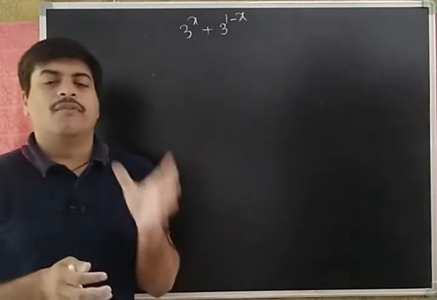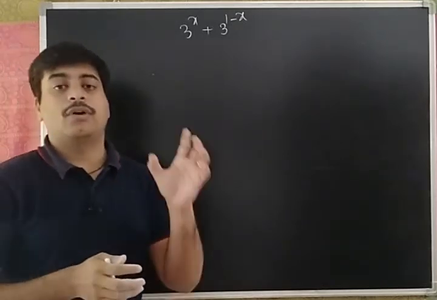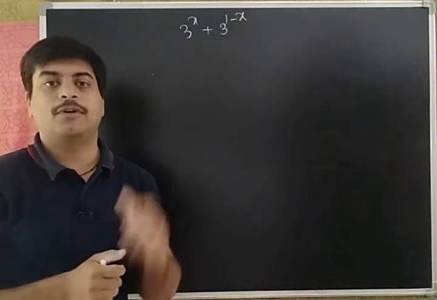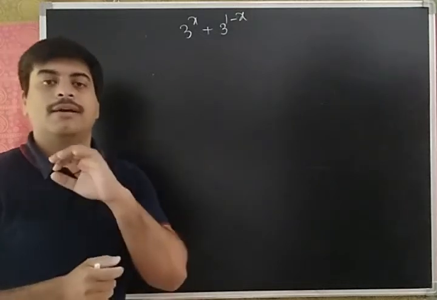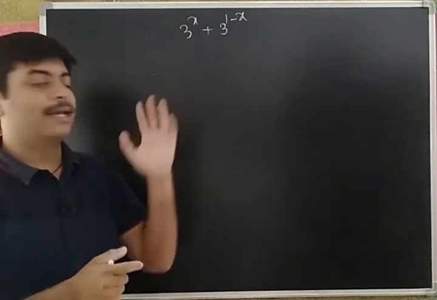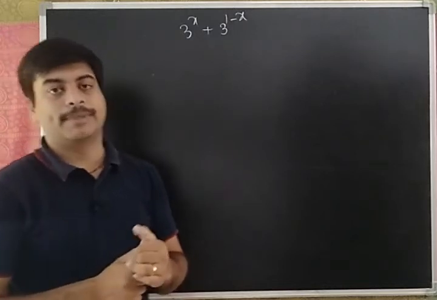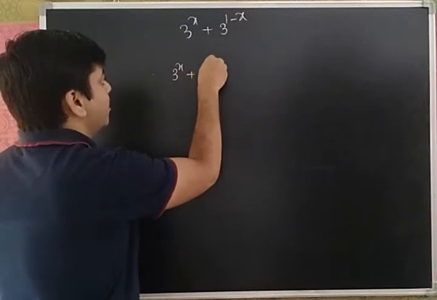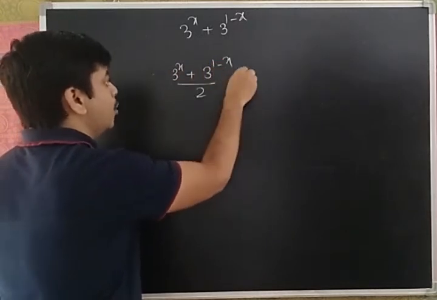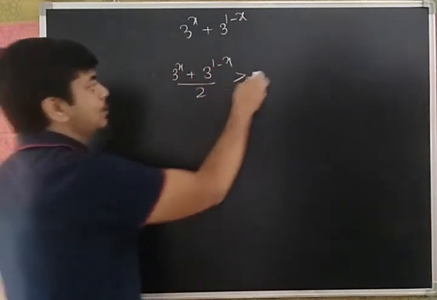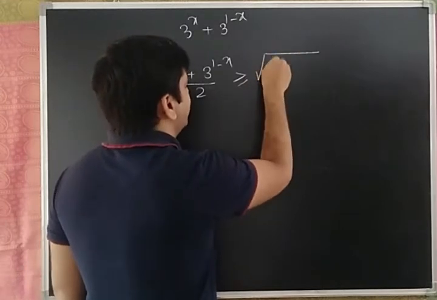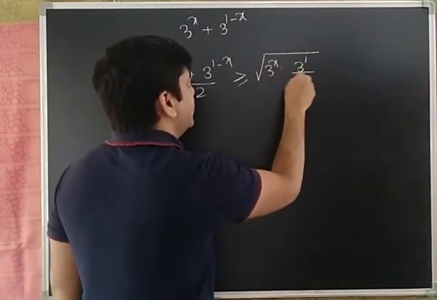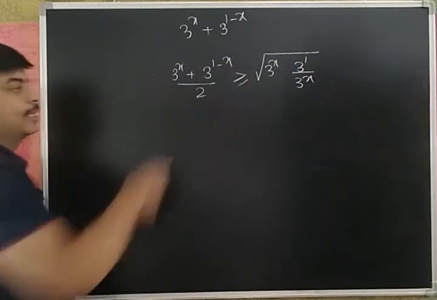Once again, whenever you want to find the minimum of the sum of two numbers, without anything you can apply arithmetic mean greater than geometric mean. So what is AM? (3 power x plus 3 power 1 minus x)/2 should always be greater than or equal to GM, that is root over 3 power x into 3 power 1 by 3 power x.